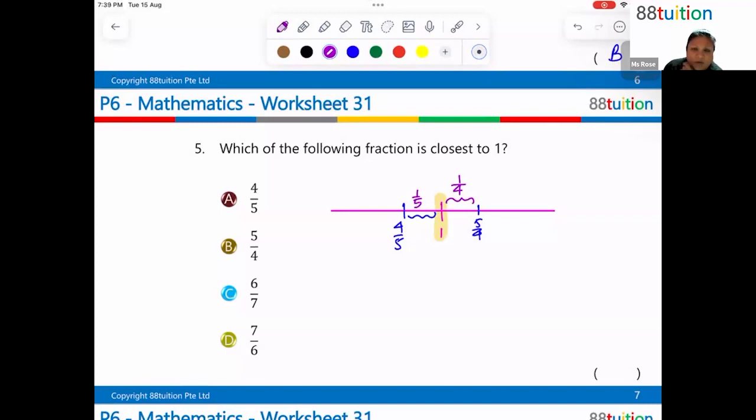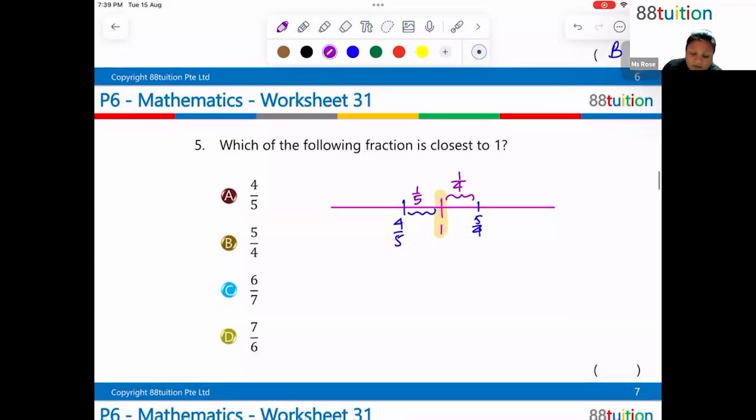So in this case, between 1 over 5 and 1 over 4, which one is smaller? 1 over 5 is smaller than 1 over 4. Now between 6 over 7, if I were to write down 6 over 7 here, the difference is 1 over 7, and 1 over 6 for 7 over 6.